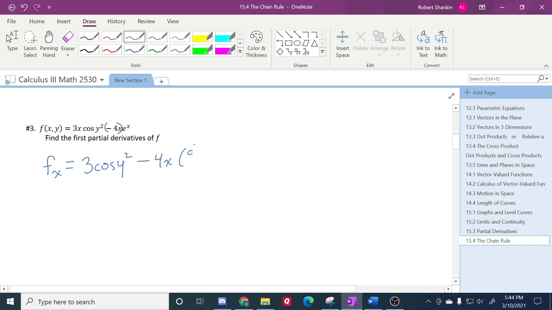Times the first times the derivative of the second, plus the second times the derivative of the first. So using the product rule.